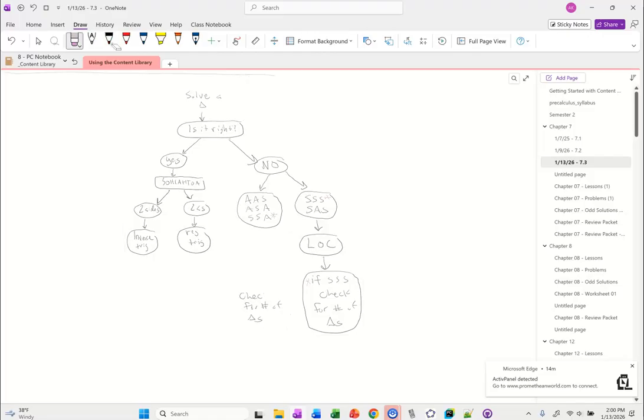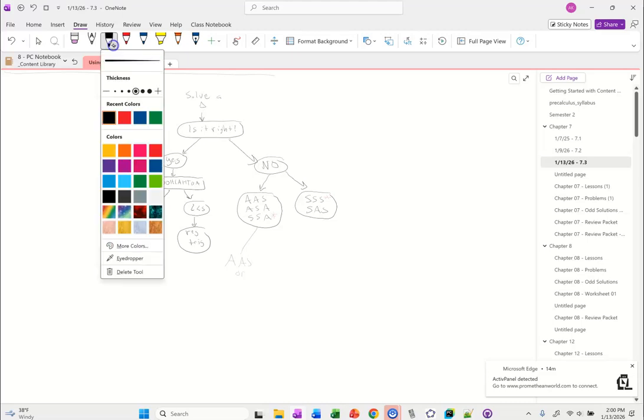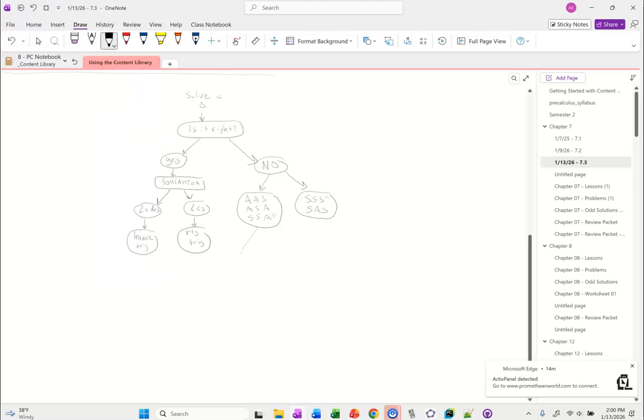So I'm going to start with this one. So if we don't have a right triangle, and it's angle, side, angle, or angle, angle, side, you just use the law of sines to solve.